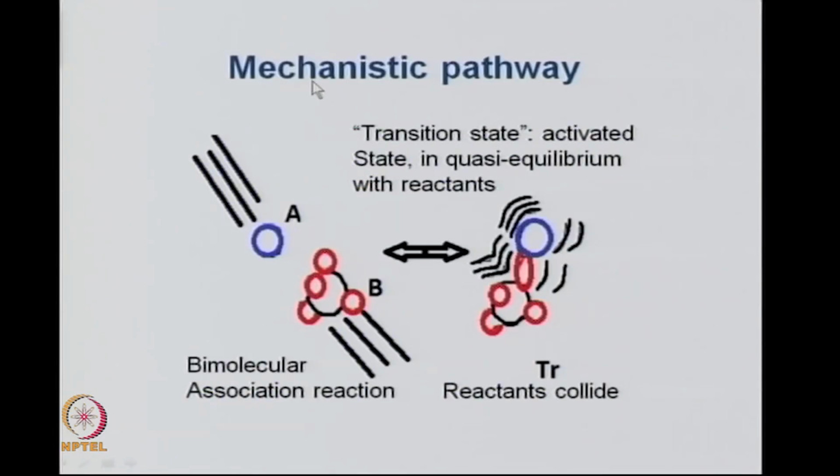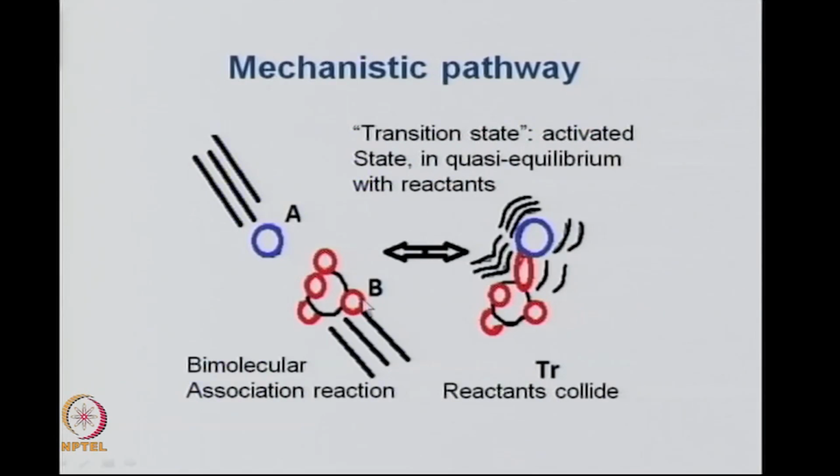This is the mechanistic pathway where you have this A molecule interacting with B molecule, and it undergoes a bimolecular association reaction, and it forms a transition state which is in quasi equilibrium with the reactants.